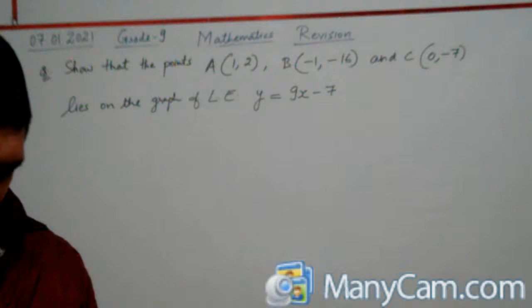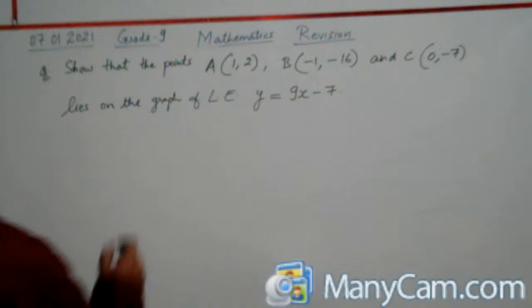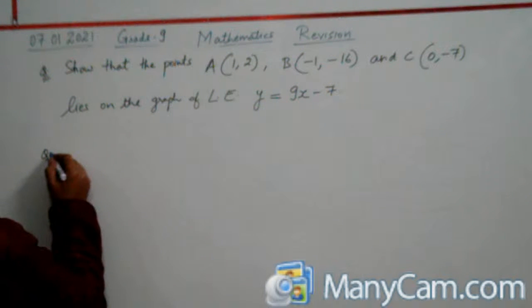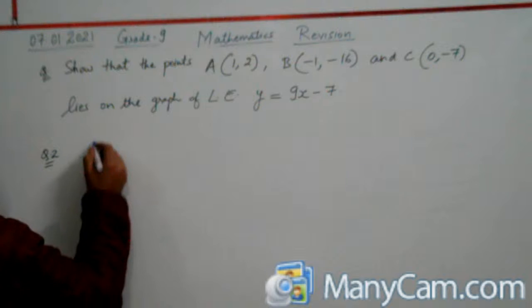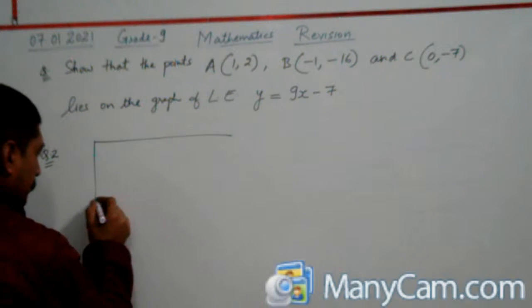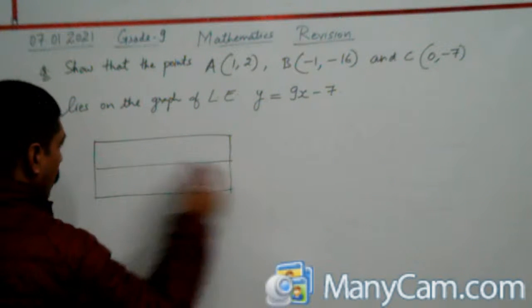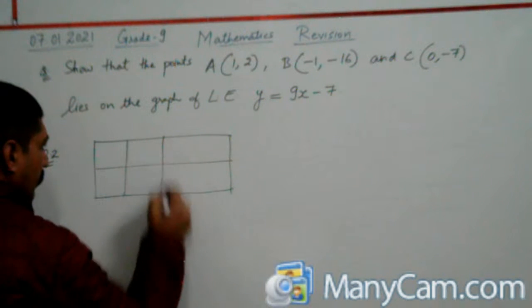One more question. The following observed values of x, y are thought to satisfy a linear equation. Write the linear equation. Question number 2: you have the graph here, and you have to frame the linear equation. This is a new thing.